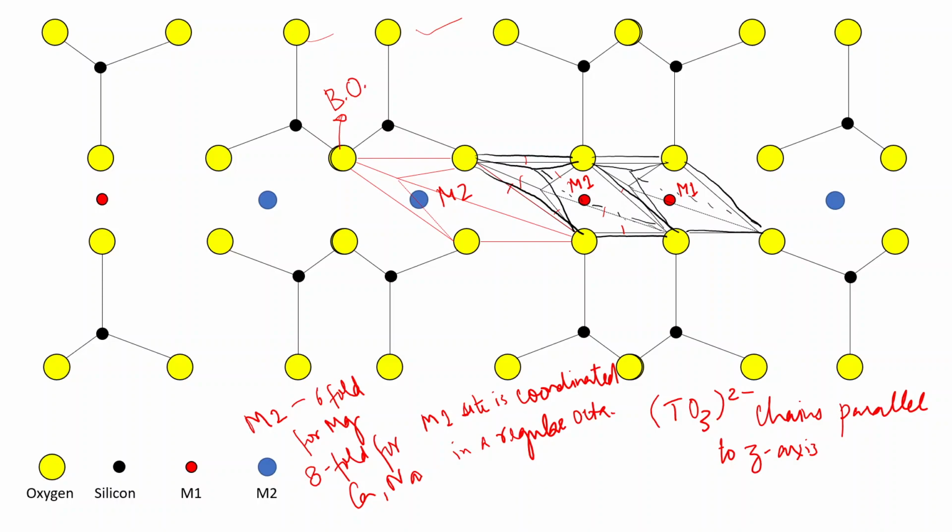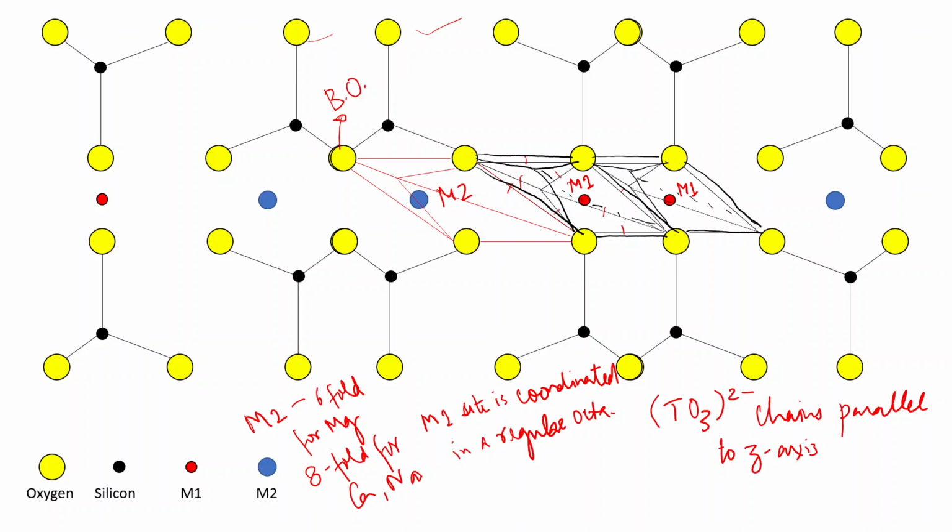So as I have told you that the M cations of the octahedral layer, they occupy two different positions, M1 and M2. M1 lies between the apices of the SiO3 chains, while the M2 lies between the bases. Now in diopside, M2 is occupied by calcium. So in general, the larger ion will occupy M2, not M1.